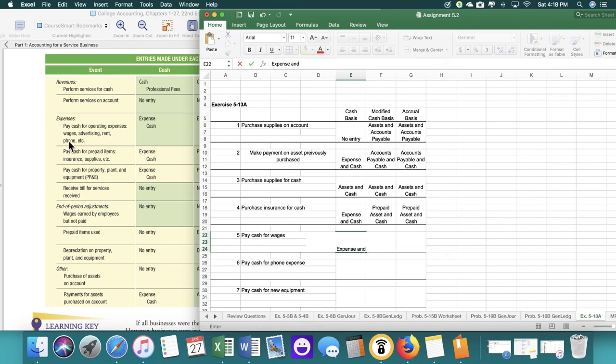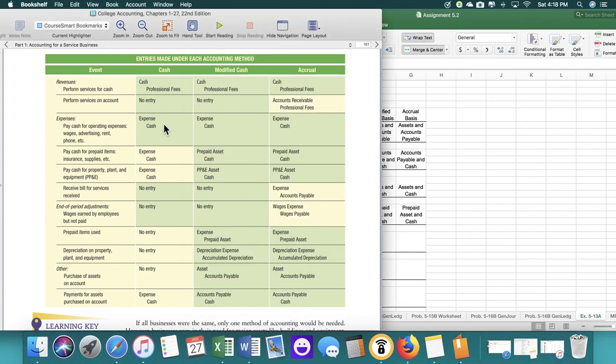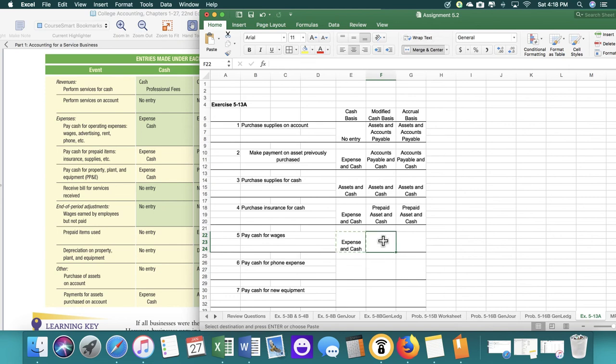If you look up here under pay cash for operating expenses, wages, advertising, rent, phone, etc., it's going to be expense in cash, and then expense in cash. So this is going to be the same for all three. Paid cash for phone expense, again, it's going to be the same as above, for all three.